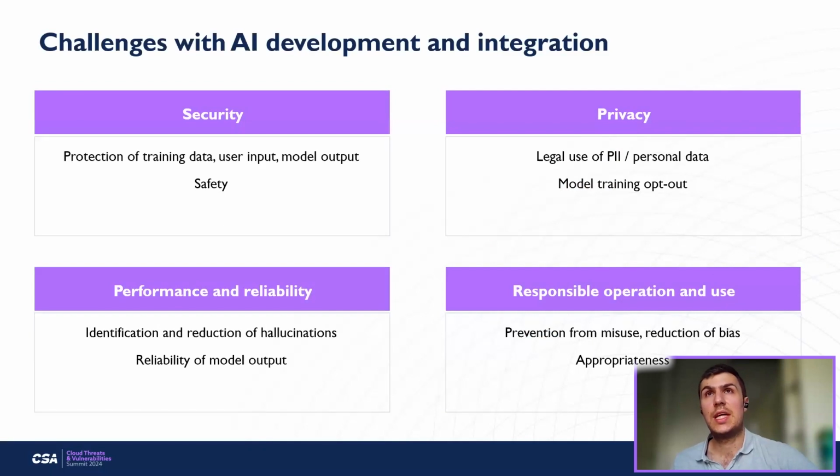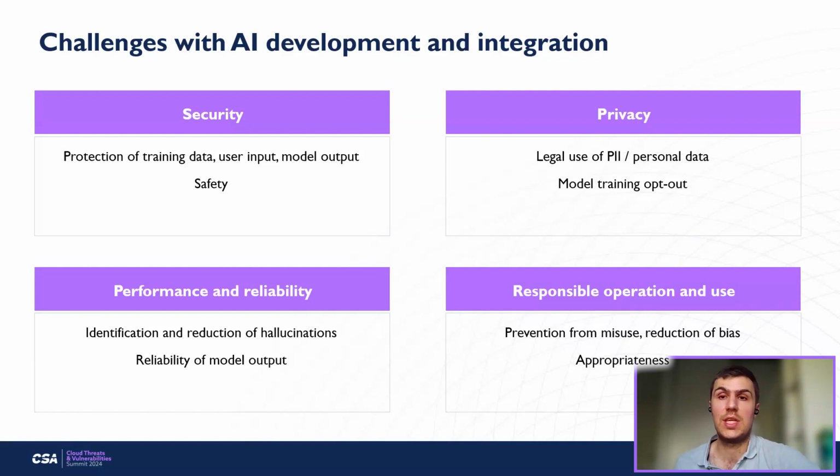Now, looking at challenges, how to do it properly. We have a couple of different areas. Traditionally, we would be looking at security, but the new issues that emerge are protection of training data, user input, and what happens with the model output. Obviously, some applications would have safety implications.